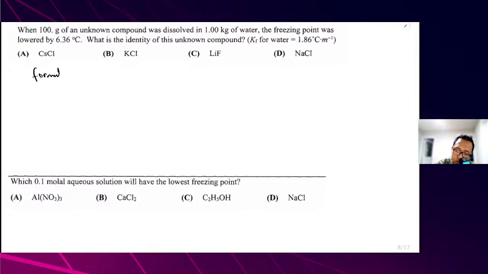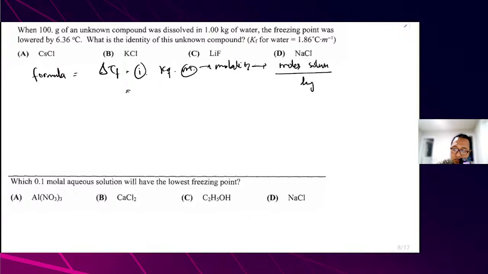The formula used here is delta Tf equals i Kf m. Here i is the van't Hoff factor, and m is molality, which is moles of solute divided by kg of solvent.